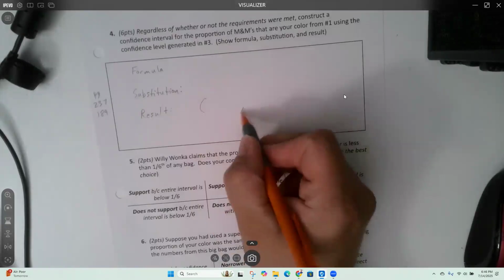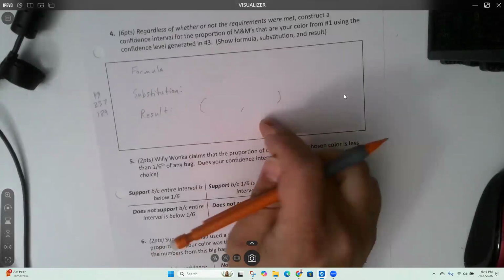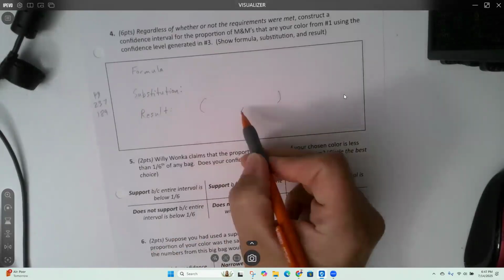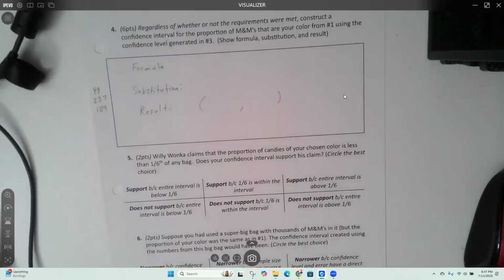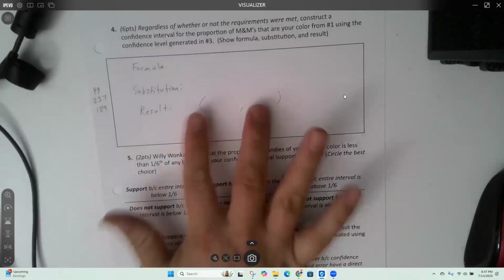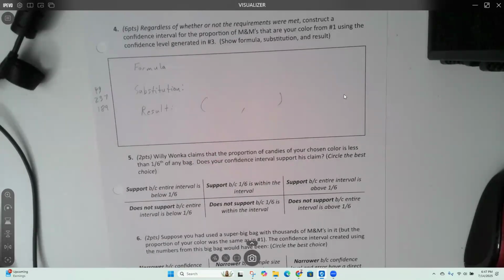You'll write it like this, lower limit, upper limit. That's going to tell you where the parameter for the entire population is going to fall. In my case, it's an 86% chance that the parameter I'm measuring is in between these two numbers. The number I'm measuring is the proportion of yellow M&Ms in the world.